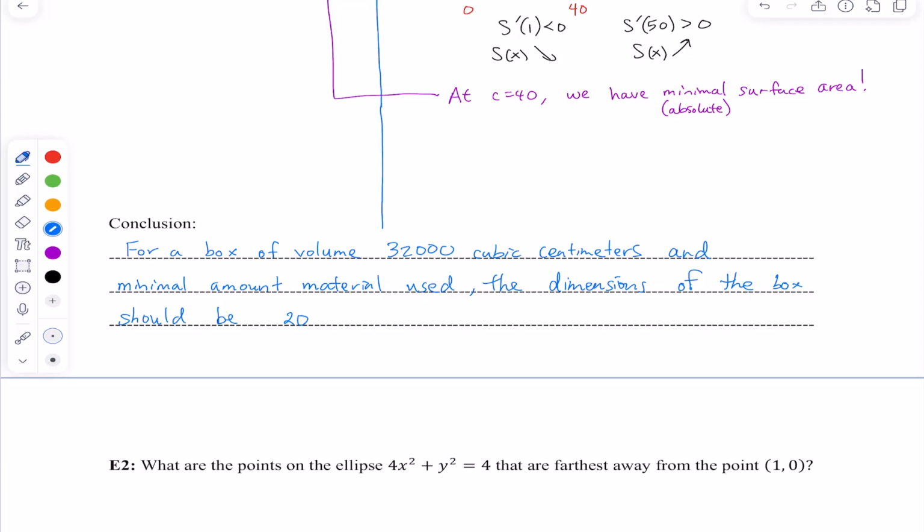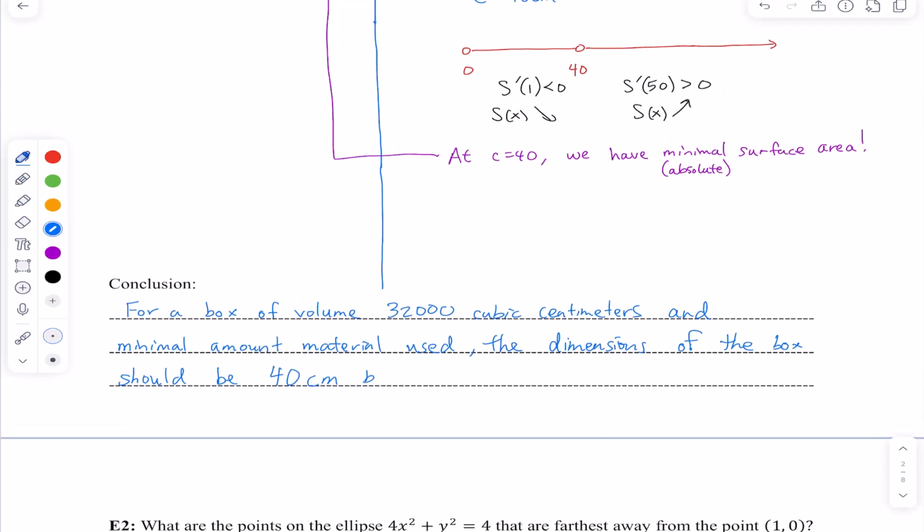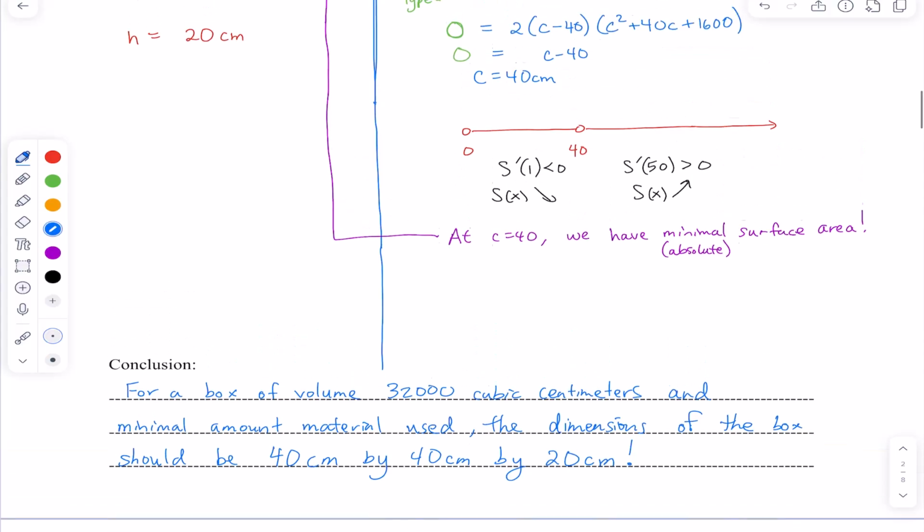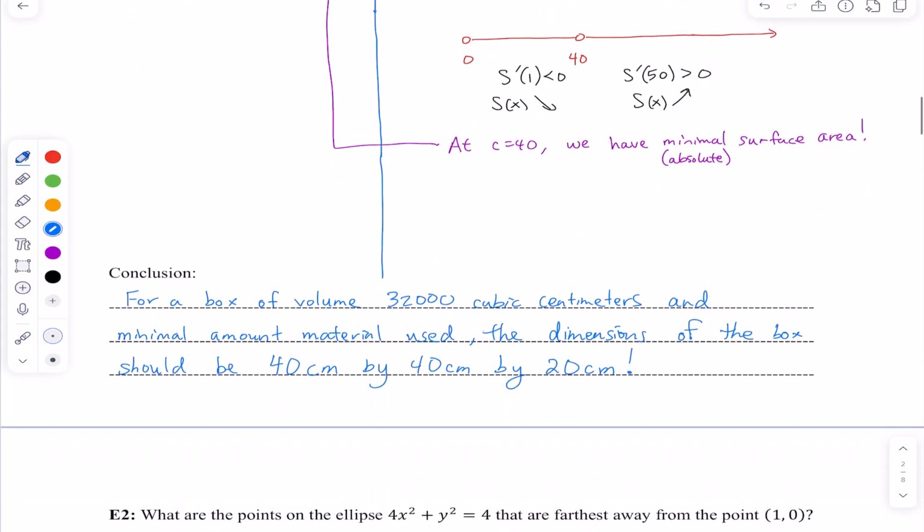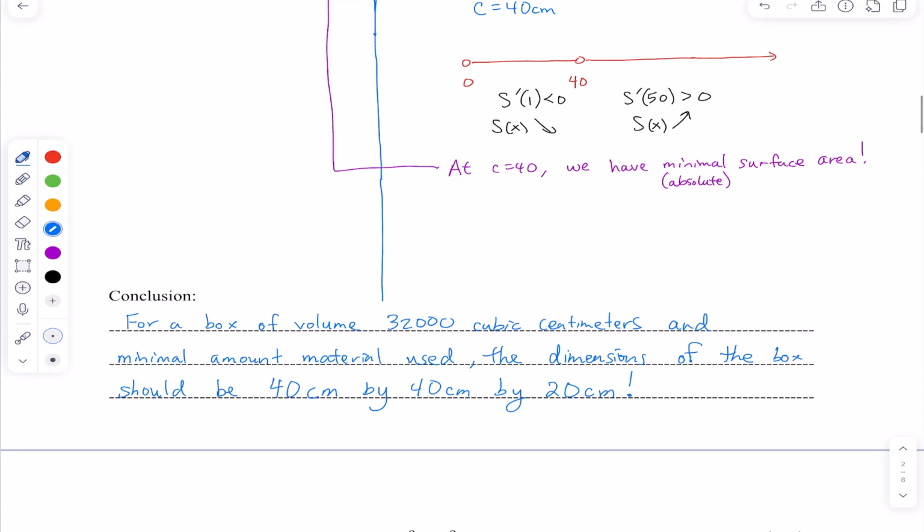Oh, I take that back. Meant to say 40 centimeters by 40 centimeters, and then finally by 20 centimeters. And does this answer make sense? Absolutely.